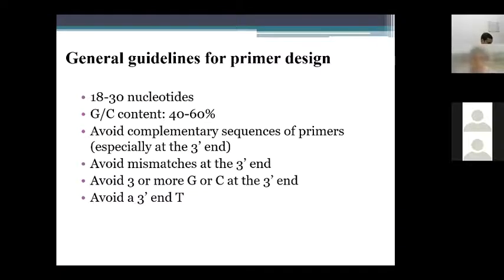So the designing of the primer is a very important procedure during developing a quantitative PCR, or you can say the PCR amplification reaction.